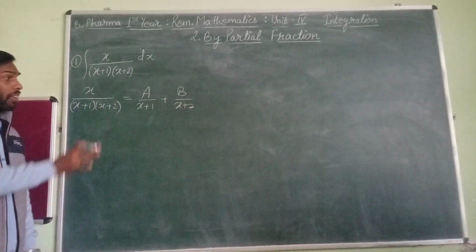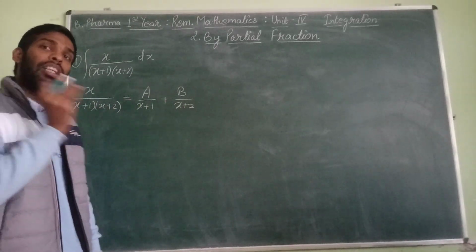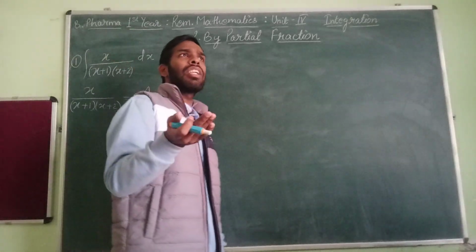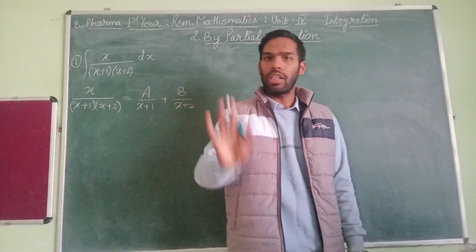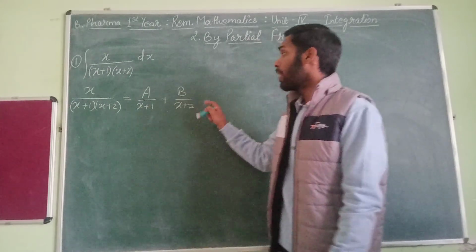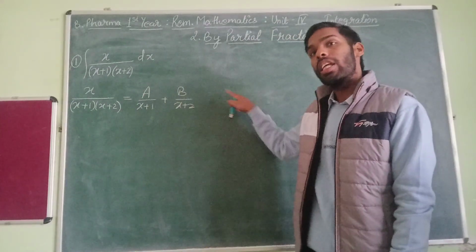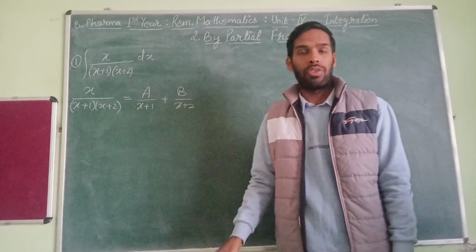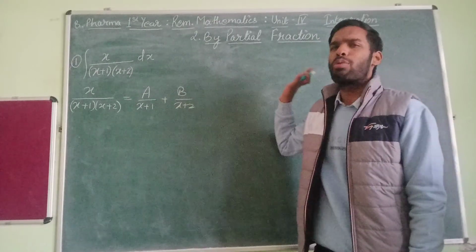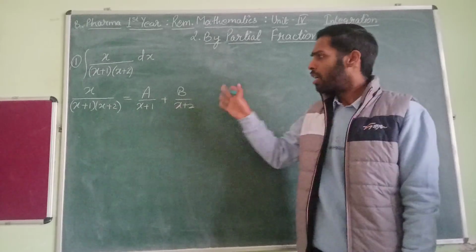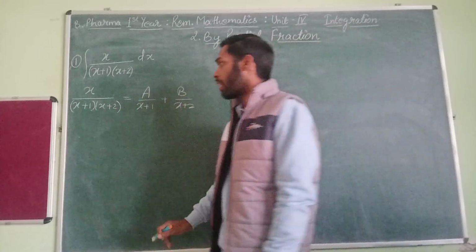If there were a third factor, like x minus 1 or x plus 3, there would be plus c upon that third factor, and so on. With four factors, plus d upon the fourth factor.